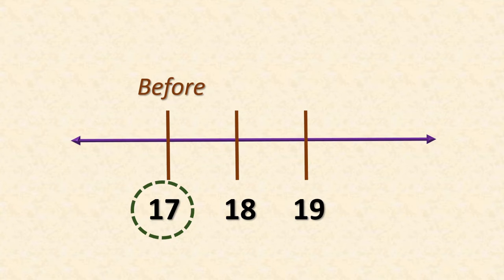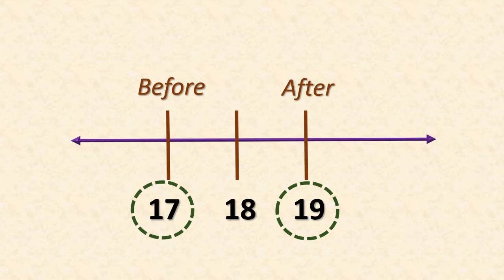And this is to the left of 18. Isn't it? Both you can consider. It is to the left of 18 and it is less by 1. Okay? And here you can see 19 to the right of 18. And it is greater by 1. So this is after number.